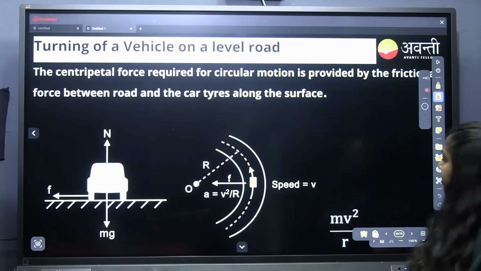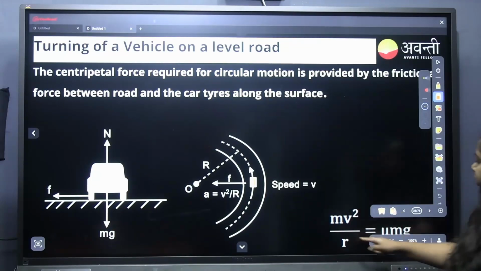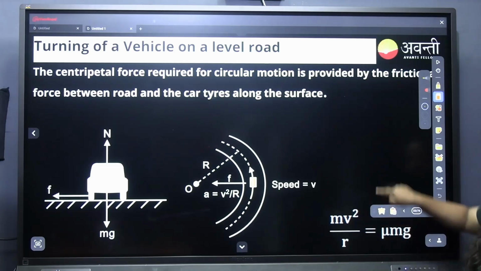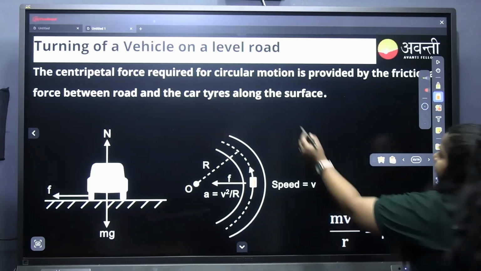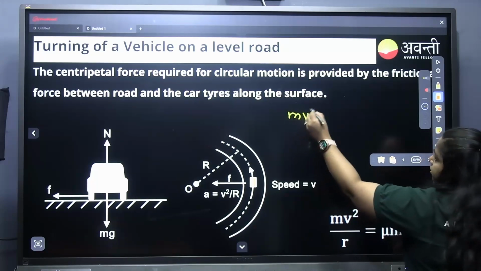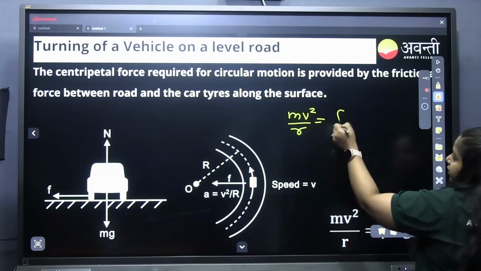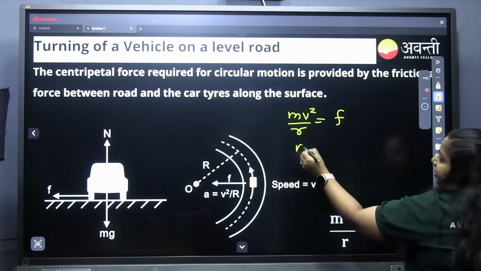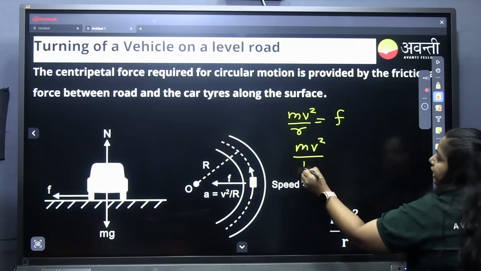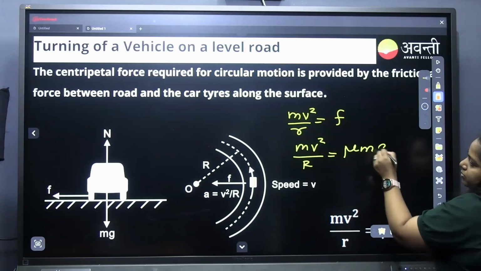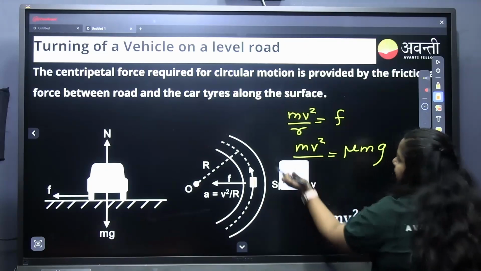Next, friction equal to mu mg will come. mv square by r, that is our centripetal force, equal to frictional force. Then we can say that mv square by r equal to mu mg. Why mg?